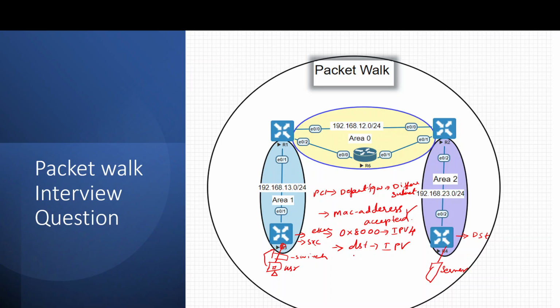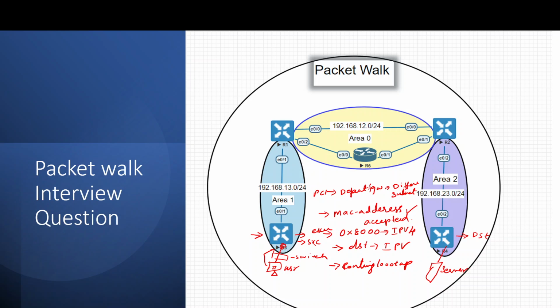It will first check the connected interfaces, whether the destination address is part of a connected interface. If it is not, then it will perform the routing lookup.